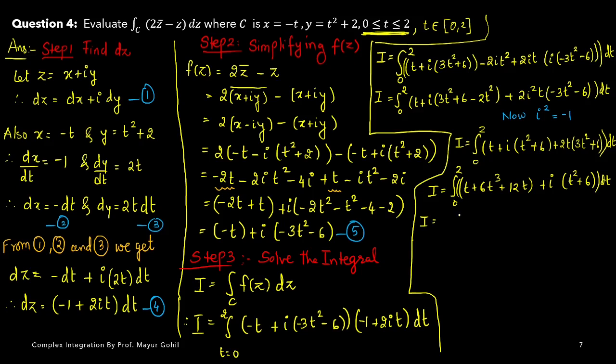So the integral, now t and 12t gives me 13t, so it will be 13t square by 2. Then the next one is 6t raised to 4 by 4. Alright, that's the integral for the real part, 0 to 2.